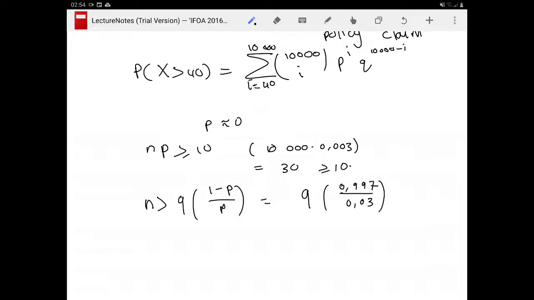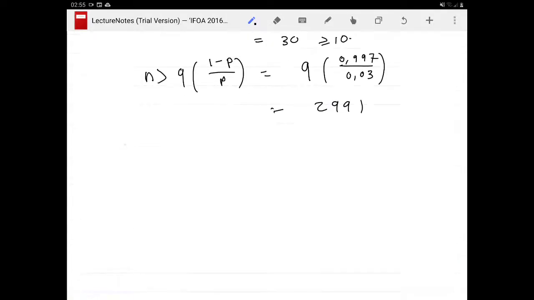If you did that in a calculator, that's equal to 2,991. So our n here is 10,000 and it is greater than 2,991, so this approximation will work.